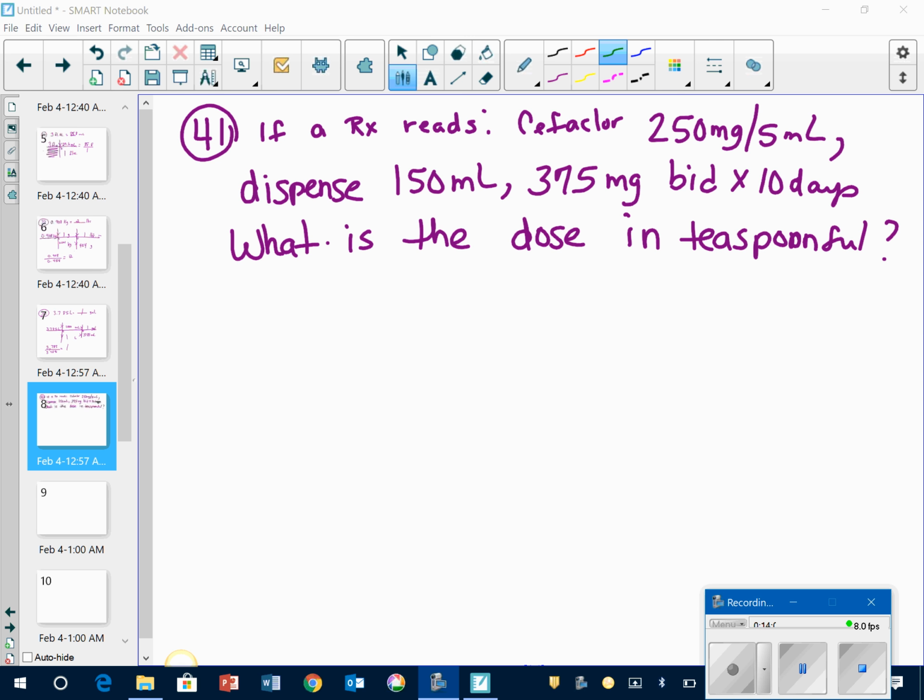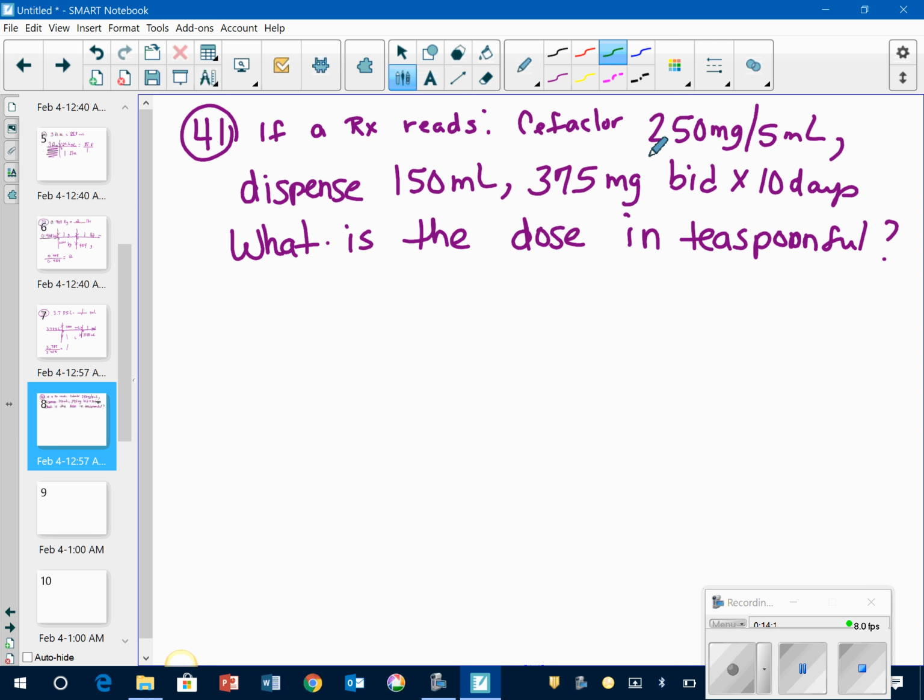So number 41, if a Rx reads cephalocore 250 milligrams per 5 milliliters, that's going to be part of your ratio proportion. Dispense 150 milliliters. That's just telling you how much to dispense of the medicine. The doctor wrote the prescription for 375 milligrams twice a day for 10 days. What is the dose in teaspoonfuls?